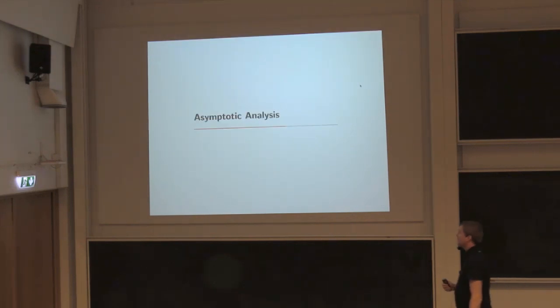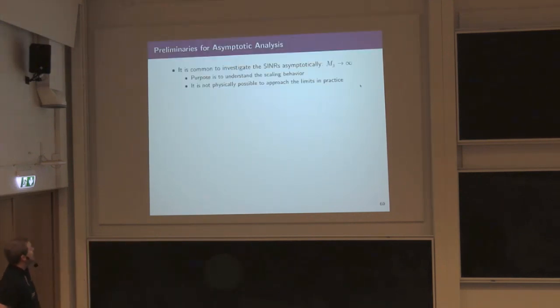And jump instead to asymptotic analysis. This is something that has been very popular to do in massive MIMO already from the start, with Marzetta's 2010 paper with an infinite number of antennas. So let's do that as well in the correlated case.